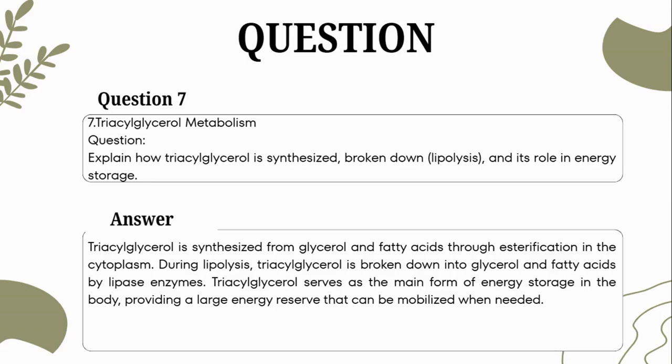During lipolysis, triacylglycerol is broken down into glycerol and fatty acid by lipase enzyme. Triacylglycerol serves as the main form of energy storage in the body, providing a large energy reserve that can be mobilized when needed.